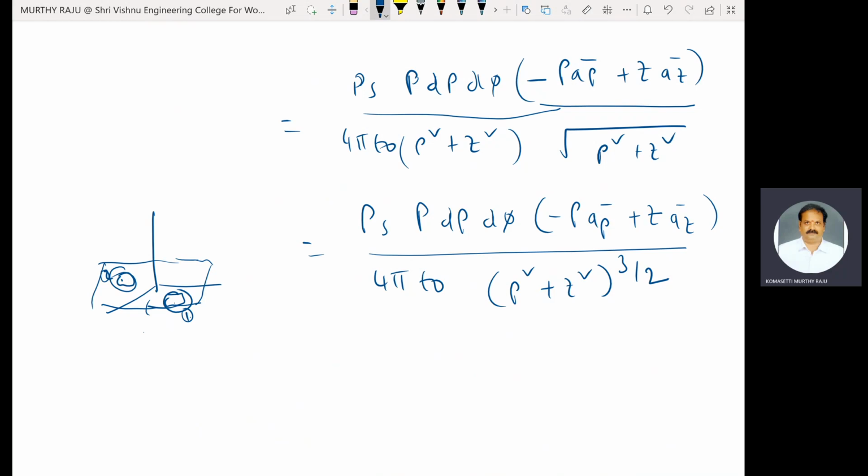The a_rho and minus a_rho directions cancel each other. Therefore, the rho component is offset, and the electric field intensity is along the z direction only.